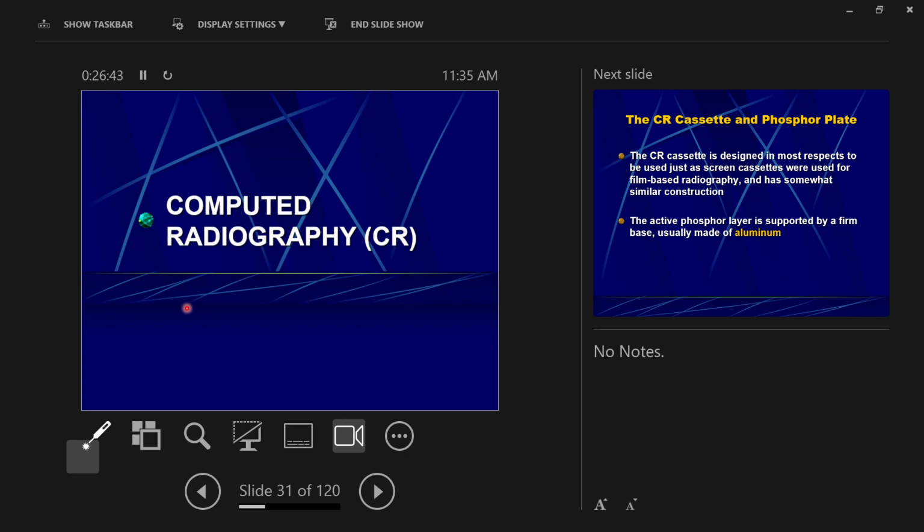And the plate is reusable, okay? So it's similar to film in that it's a plate that captures X-ray information about the patient. It is different in that it's reusable and produces a digital image on the computer, okay? So this has some similarities to film, some similarities to DR. So let's talk about this thing called CR, or computed radiography.